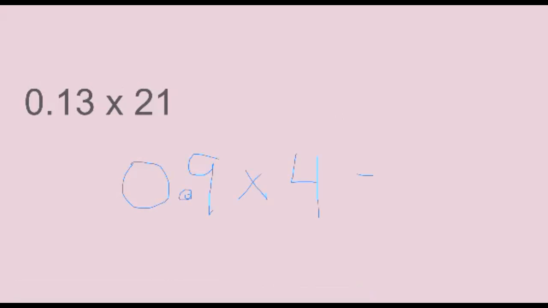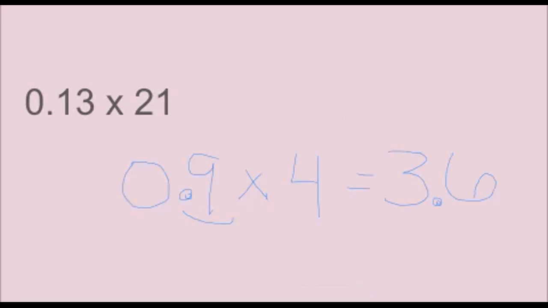So if we pretend we're doing 9 times 4, that would be 36. We have 1 decimal spot, so we're going to move the decimal 1 spot, making it 3.6. If we were to estimate, we would round 9/10 to 1 whole and keep 4 the same. And our estimate would be 4.